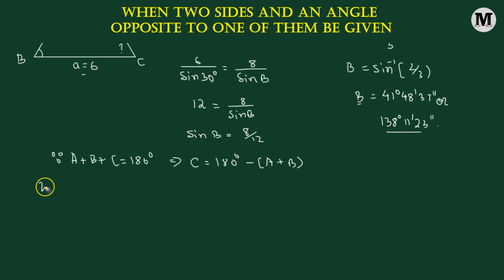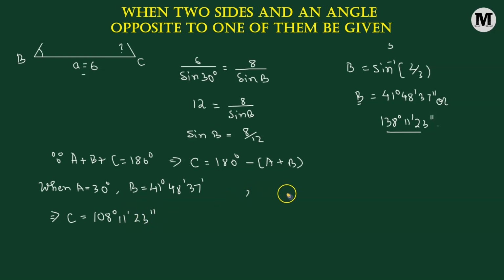So when A equals 30 degrees and B equals 41 degrees, 48 minutes and 37 seconds, the angle C measure is going to be 108 degrees, 11 minutes and 23 seconds.